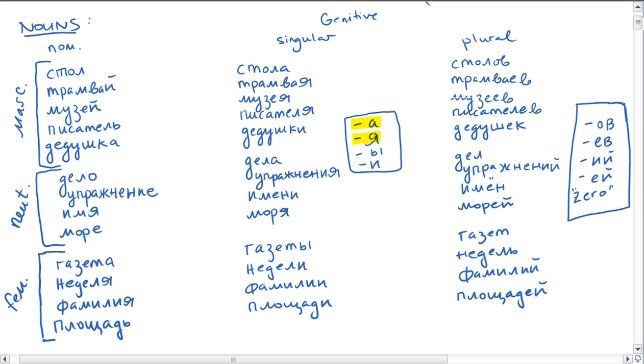And any neuter noun that ends in o, that's going to turn into an a. And then ya replaces anything that ends in ya: any neuter noun that ends in ya, any masculine noun that ends in a soft sign, and any masculine noun that ends in an i kratkoye.